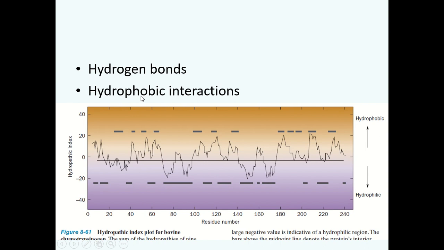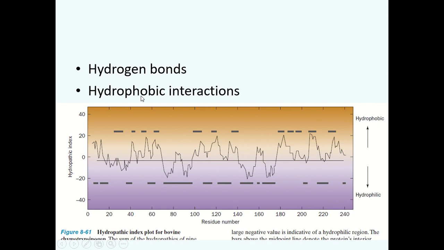Another very important interaction is the hydrophobic interaction. Hydrophobic interaction takes place when non-polar substances or hydrophobic substances are present in a polar environment. Water is a polar environment present in the cell.